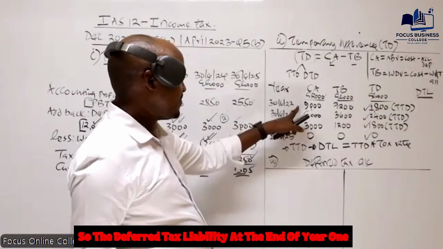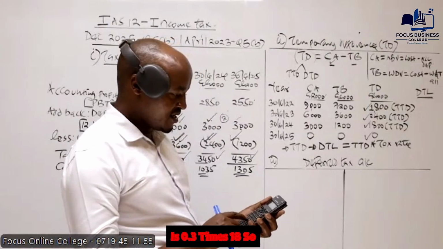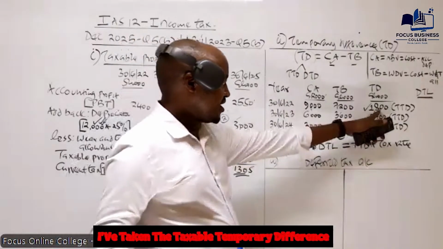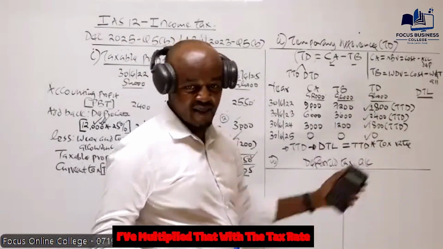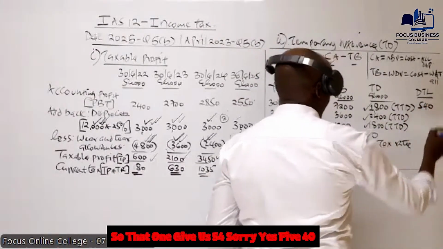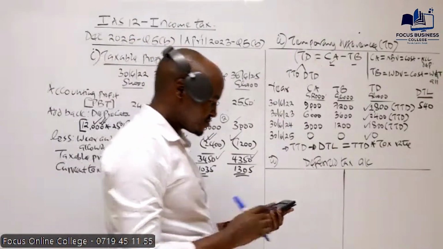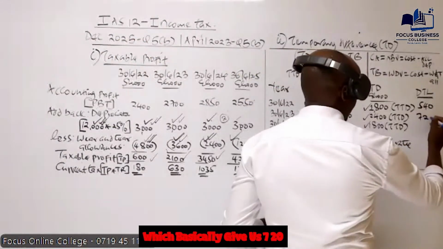So the deferred tax liability at the end of year 1 is 0.3 times 1800. I've taken the taxable temporary difference and multiplied it with the tax rate. That gives us 540. The other year we take 30% times 2400, which gives us 720.